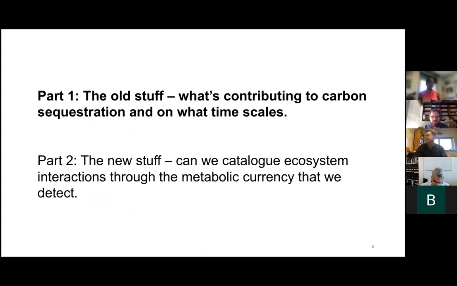In the second part, I will briefly discuss work pursuing the new stuff, using different techniques to catalog the metabolites in the DOM reservoir to learn something about the interaction of different ecosystem components in the upper ocean.